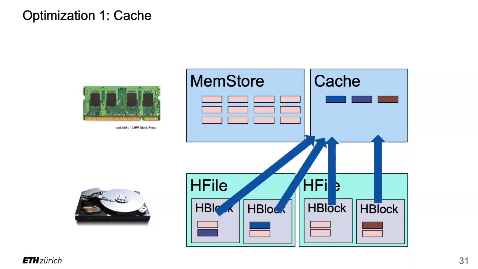And since it's sorted by rows, you don't even need to do that. You just take the first half, put it in there, take the second half, put it at some other place, and you got your two HFiles. Does that make sense? All right, and then you split, and then at a later time, it might be that one of the regions is transferred to another server. All right, another question? I saw another raised hand.